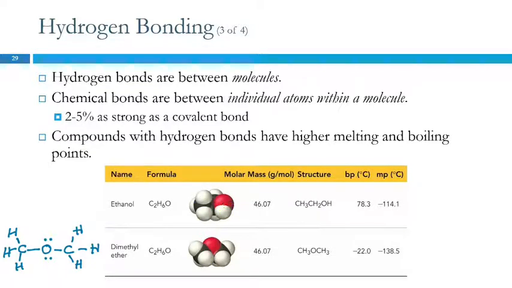Ethanol, also a polar molecule. And in fact, their molar masses are identical because they have the same number of carbons and hydrogens and oxygens, just arranged differently.